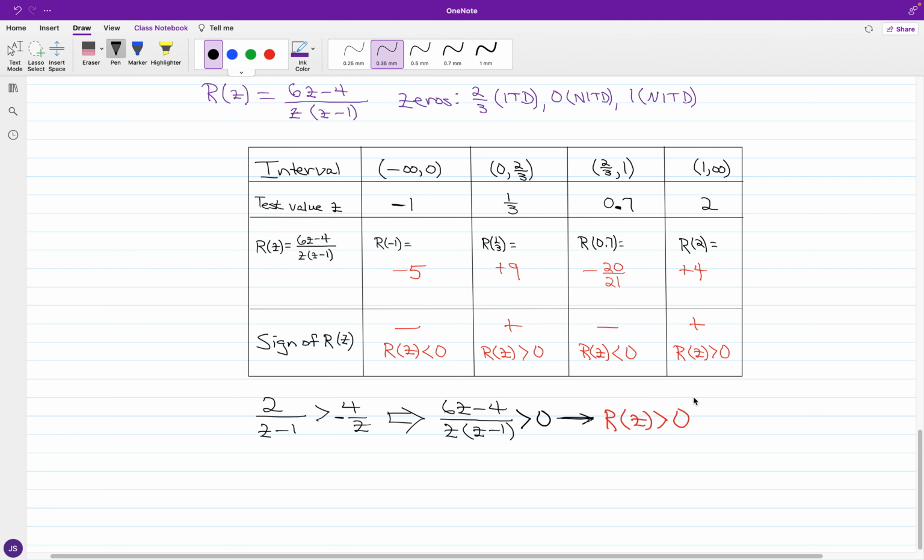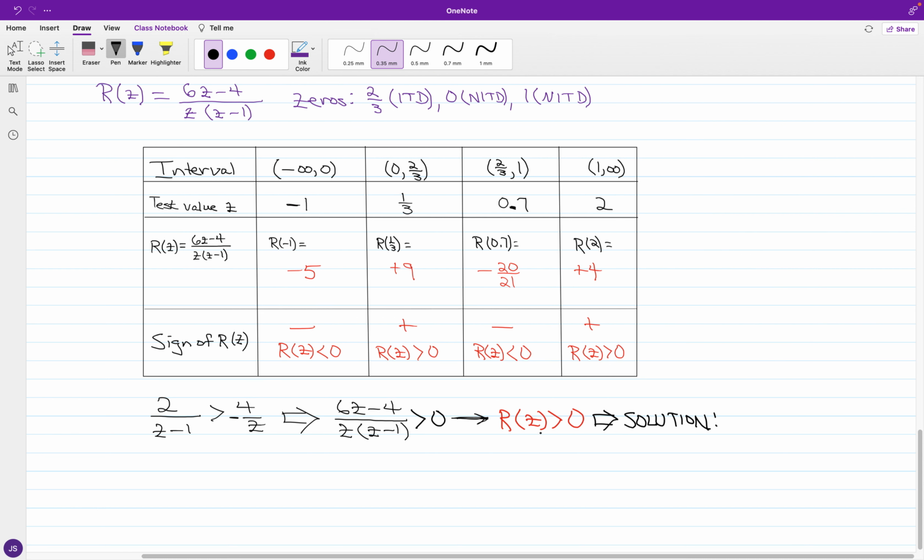And so for the solution set, notice that there is not an equal sign, so we're going to have the exclusive use of parentheses. Where we have r of z greater than 0, that's going to be with the second and the last subinterval sections.